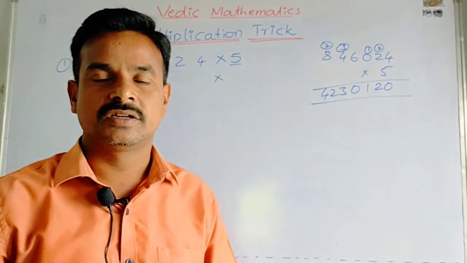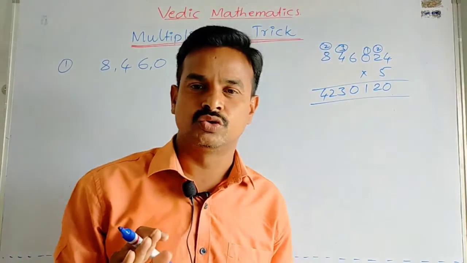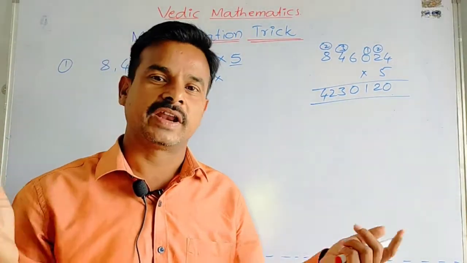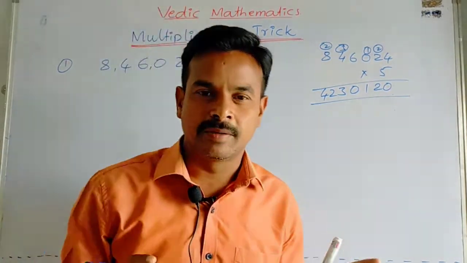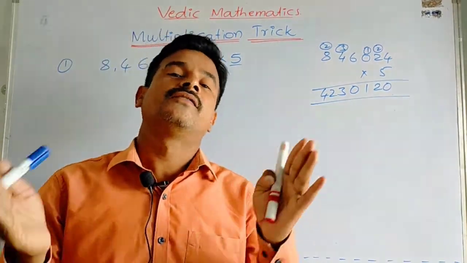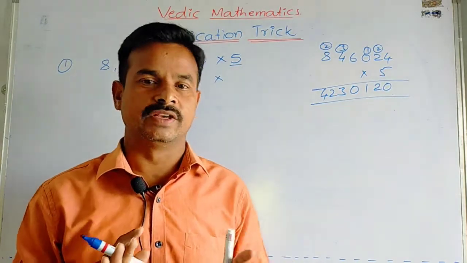By using subtraction, 6 minus 1, 7 minus 2 or 9 minus 4, like this we can write in many ways. By using multiplication, we can write 5 as 1 into 5 or 5 into 1 only. Only in these two ways.